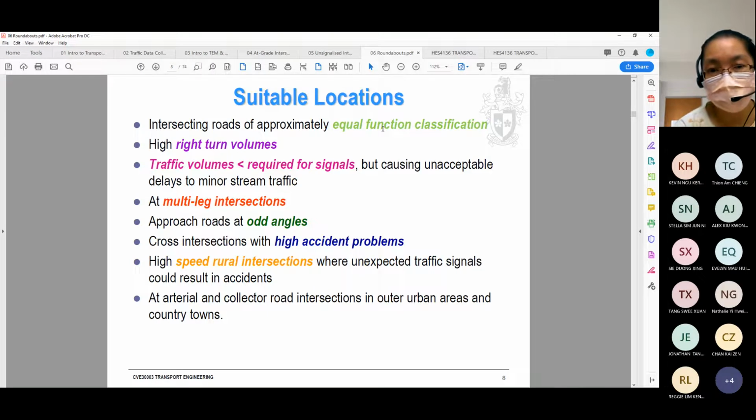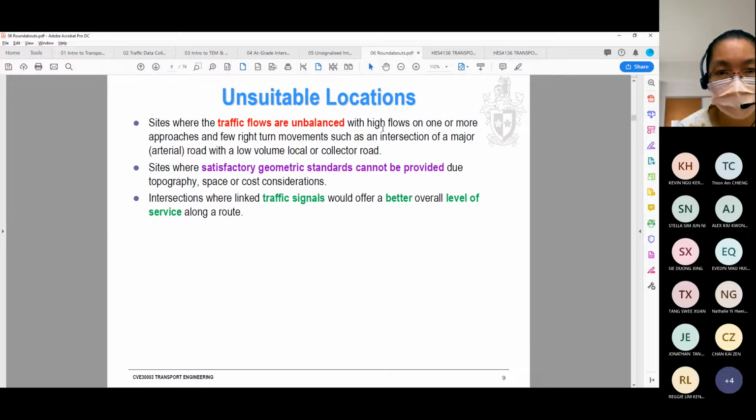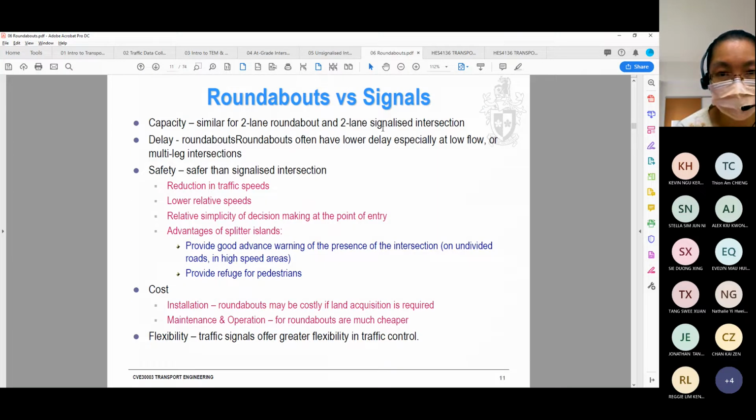So first half we look at geometric design, where we can make use of roundabouts. Terminologies, I think you should be familiar with by now.